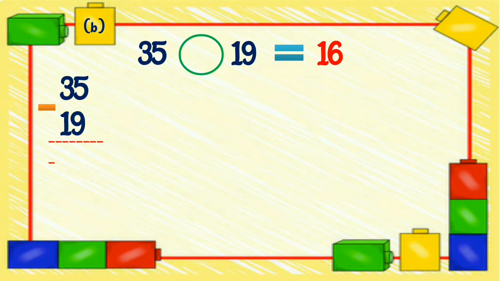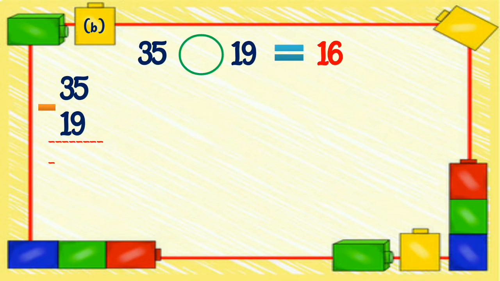Next slide. Here our question is 35 minus 19. Our question is 35 minus 19. Now we take the first digit of both numbers from the right side.